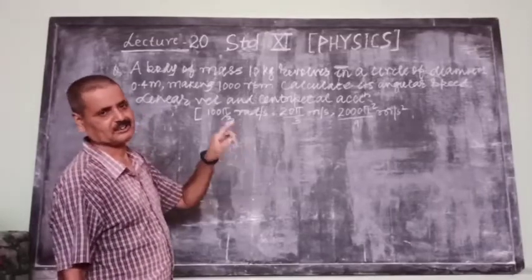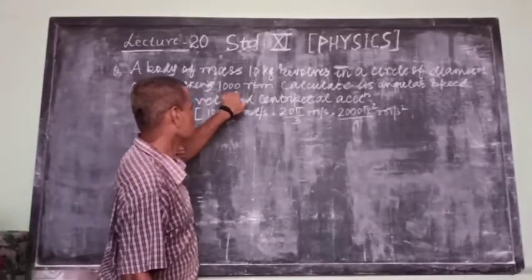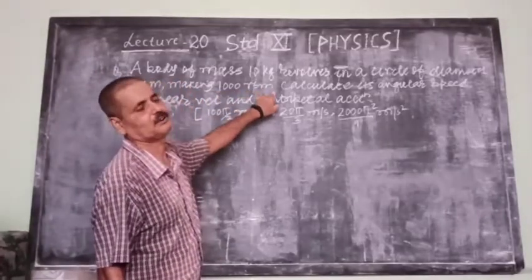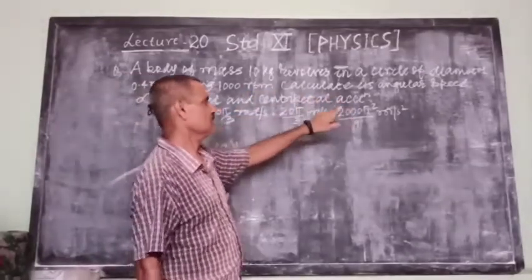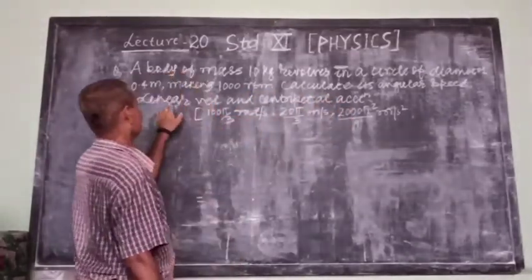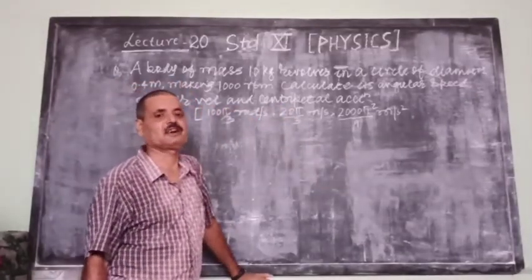The diameter of the circle is given, so the radius can be calculated. Making 1000 revolution per minute. RPM means revolution per minute. Calculate its angular speed, linear velocity, and centripetal acceleration. These are the 3 terms.